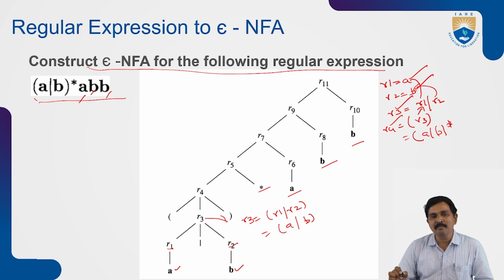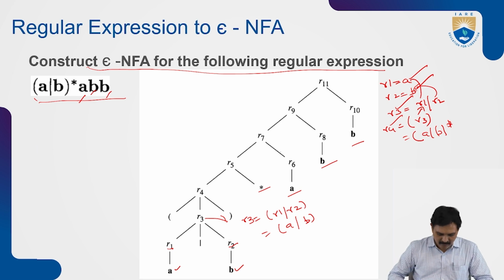After making simpler, atomic regular expressions, we find R1, R2, R3 like that. After that we write each one individually, and you expand the regular expression step by step. Finally you get the final NFA diagram for the entire regular expression.